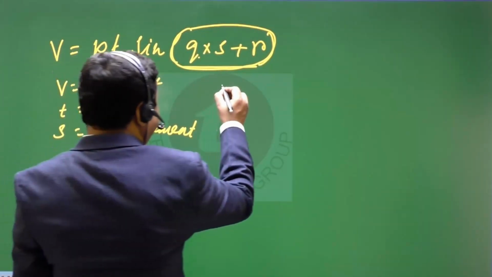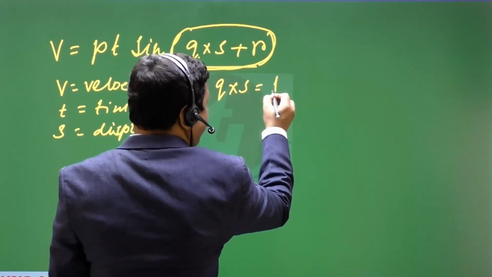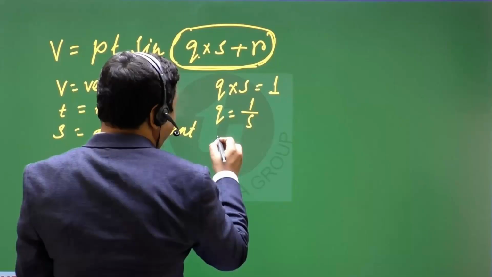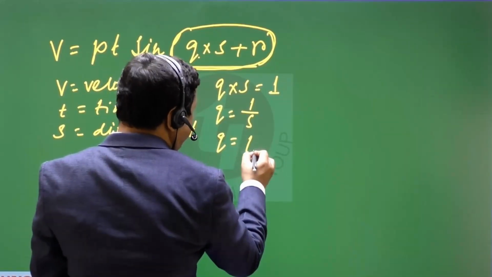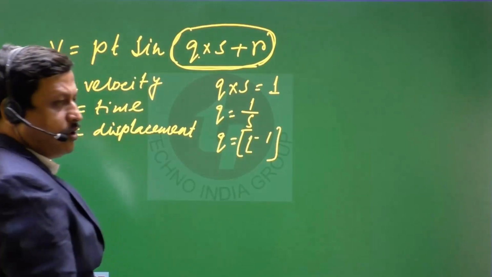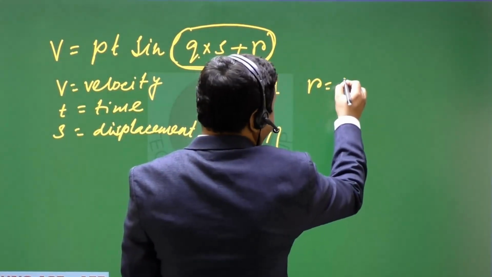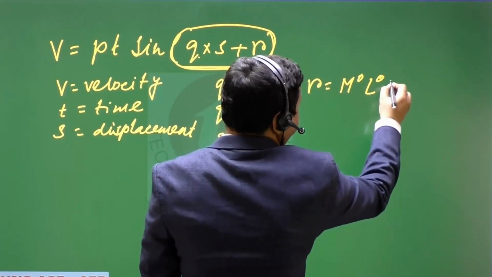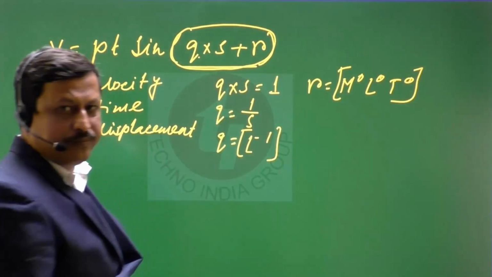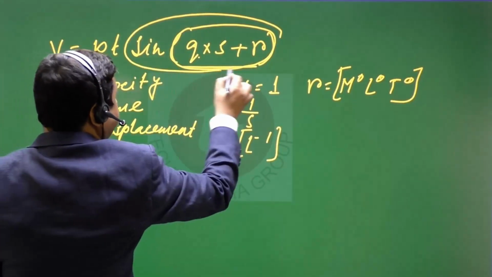So we can write Q into S is dimensionless. Dimensionless means 1. That is, the dimension of Q is 1 by S. So the dimension of Q will be L to the power minus 1. And what is the dimension of R? Obviously that is dimensionless. So the dimension of R is M to the power 0, L to the power 0, T to the power 0. And this total term is also dimensionless.